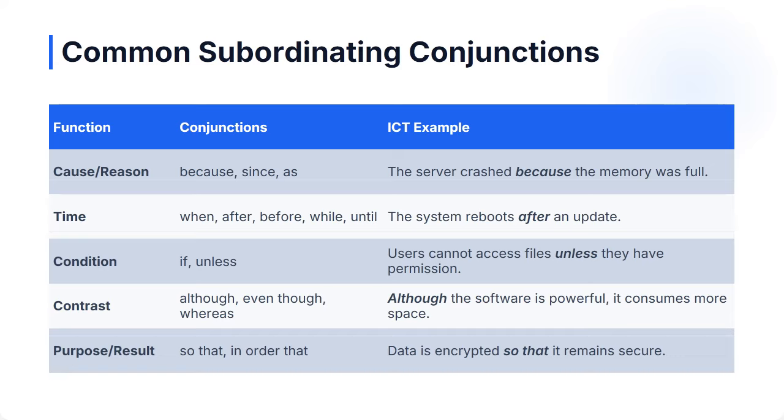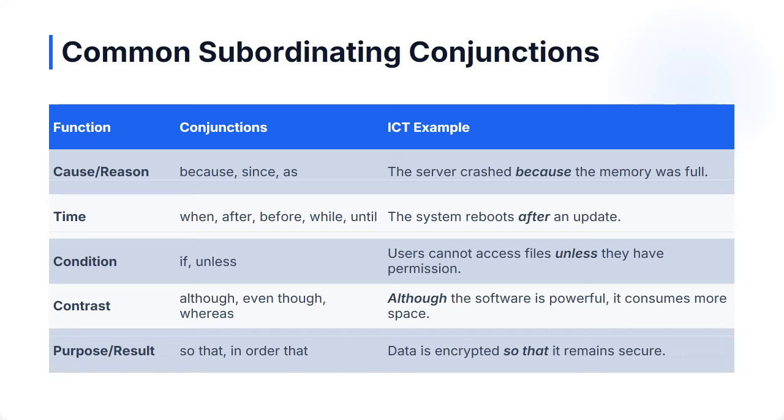Here we understand that the reboot action happens after the update action. The system reboots is the independent clause. After an update is a dependent clause. Together they formulate a complex sentence.